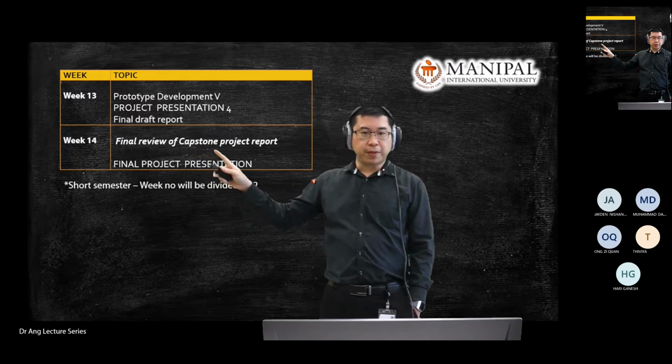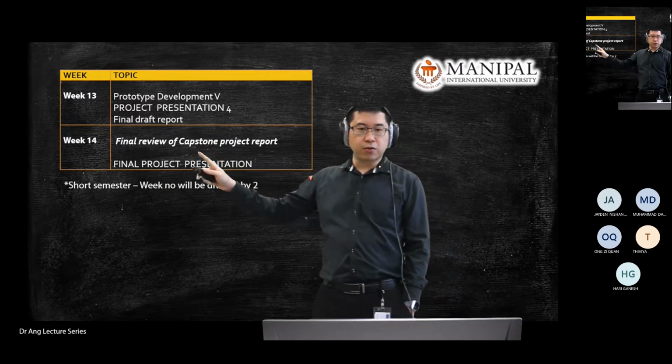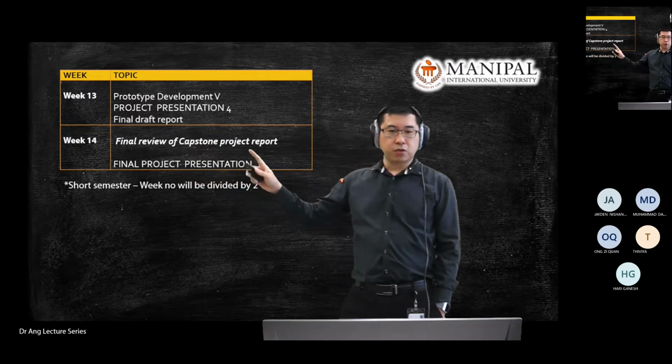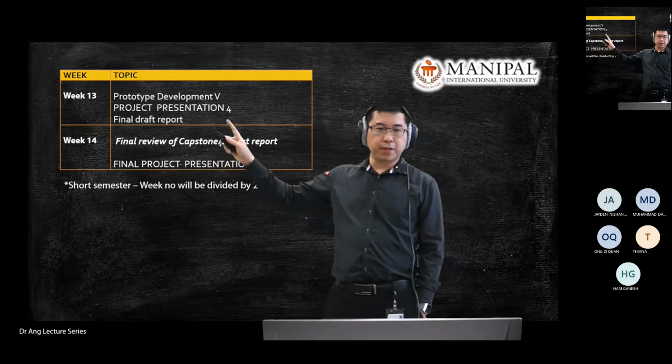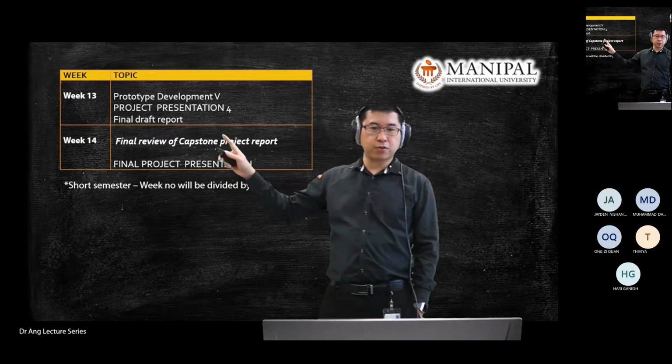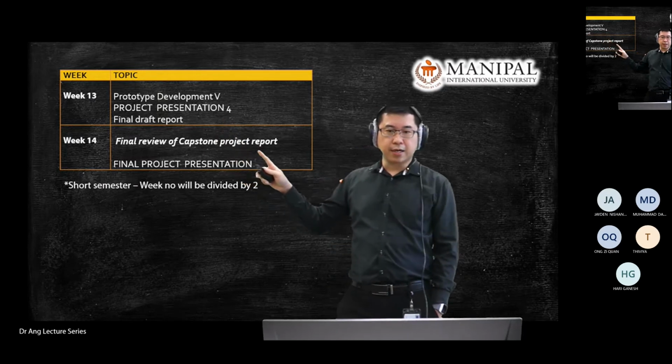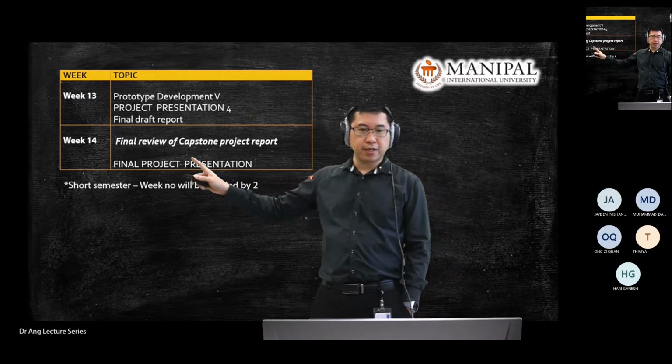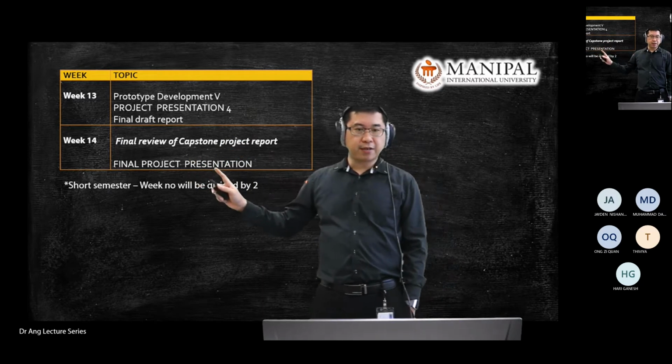Week 14 will be your final date to pass up your report. Maybe we'll give you some comments, and you do some corrections on the report, then pass up a better version. Then there will be a final project presentation.